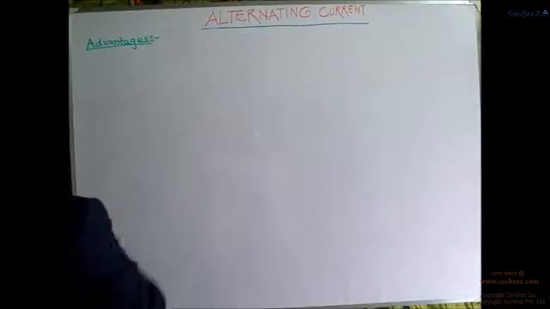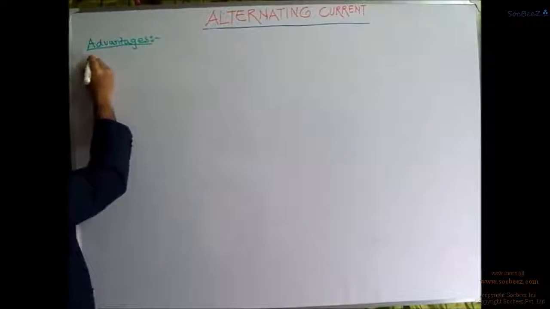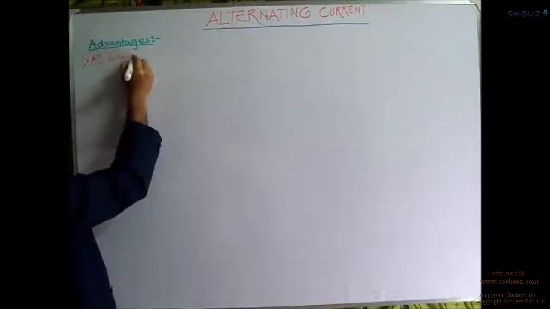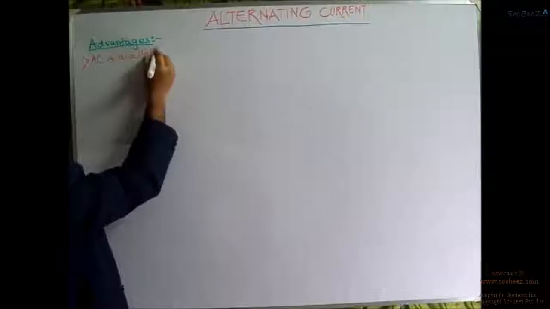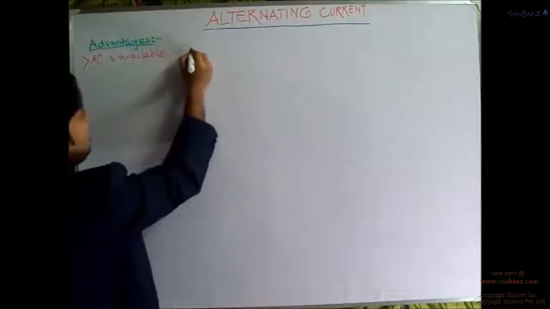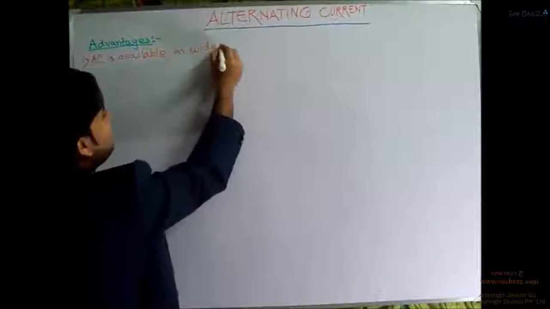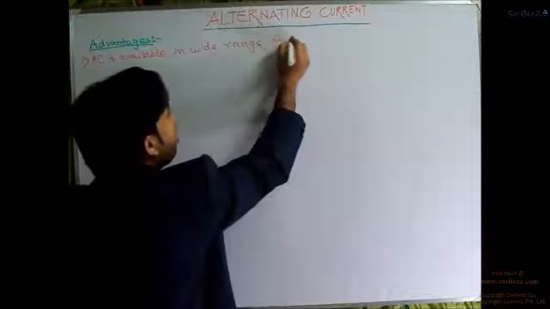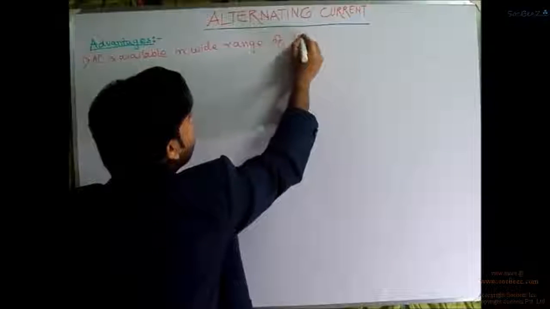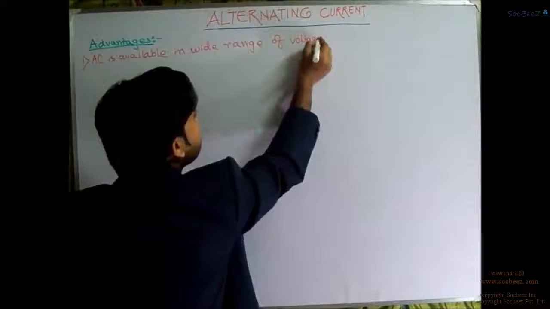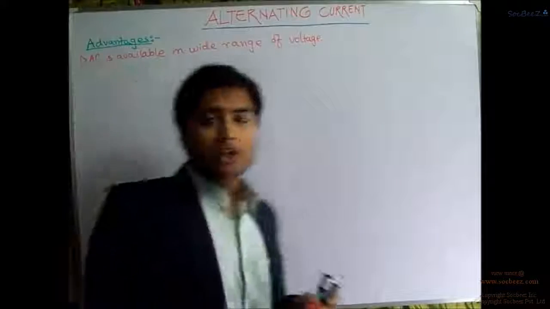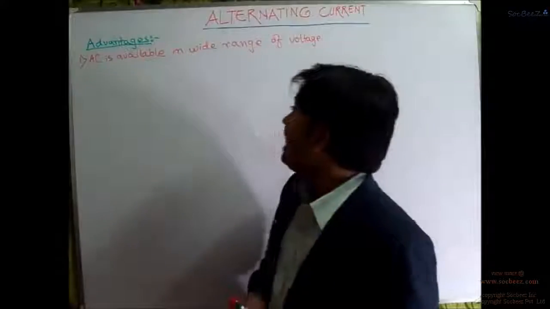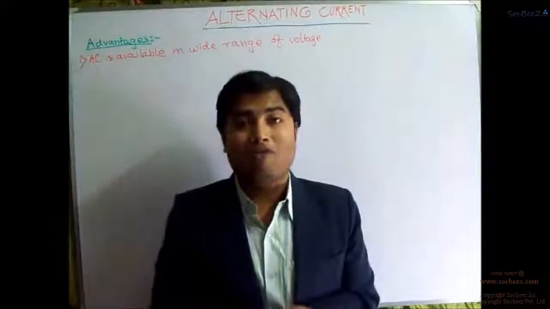Number one, AC is available in a wide range of voltage. This is not the scenario with the direct current. The direct current is not available in a wide range of voltages.